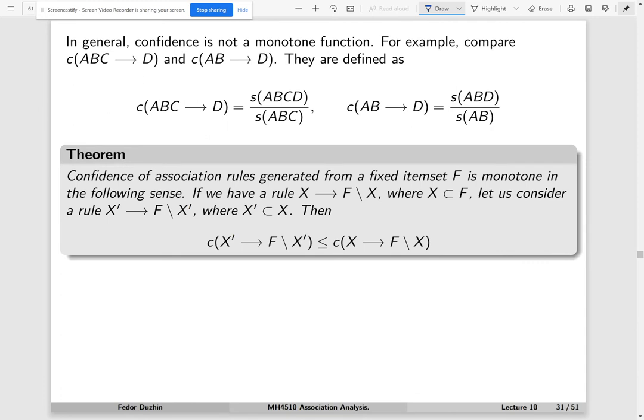But the good news is that the confidence of association rules is monotone in the right-hand side. It is not a monotone function of the left-hand side, but it is a monotone function of the right-hand side. If we fix the union of the two, then it becomes an increasing function of the right-hand side. Here is why.